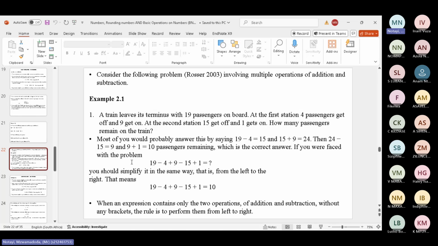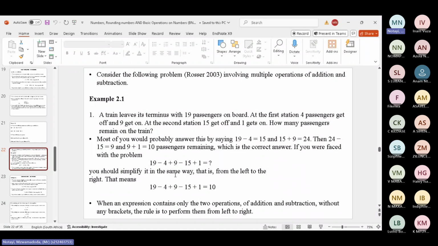So if you're faced with this problem, 19 minus 4 plus 9 minus 15 plus 1, you should simplify it in the same way. That is from left to right. That means 19 minus 4 plus 9 minus 15 plus 1 is equal to 10.